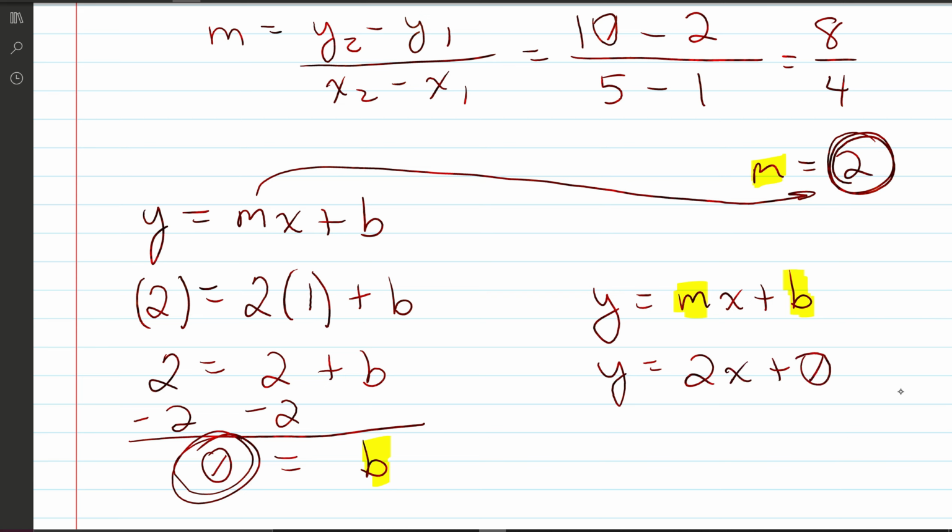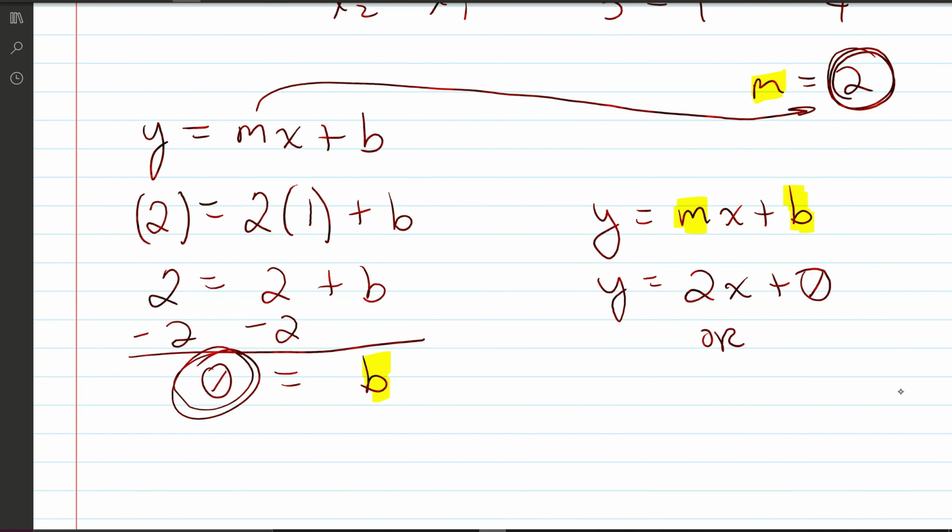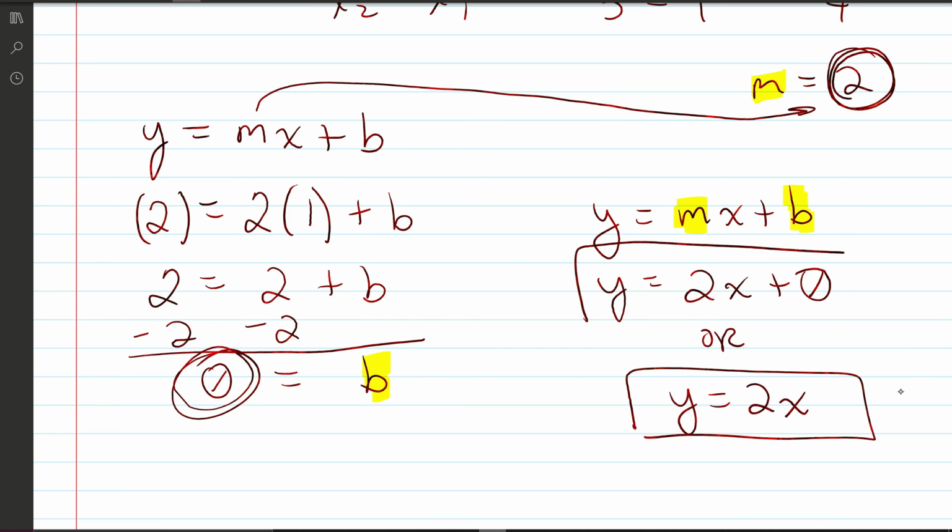So this is telling us that our slope is 2, our y-intercept is 0. There is no y-intercept, so it doesn't cross the y-axis. So we could either write it like this, or we could write it as y equals 2x. Alright, y equals 2x, or with the 0 at the end, it's your choice.